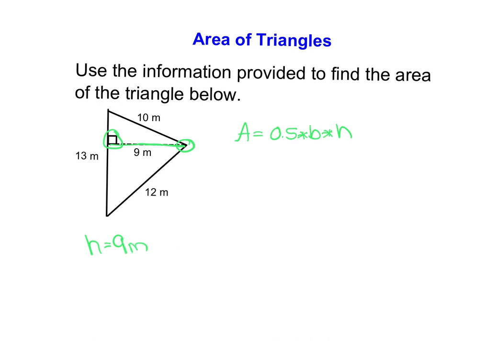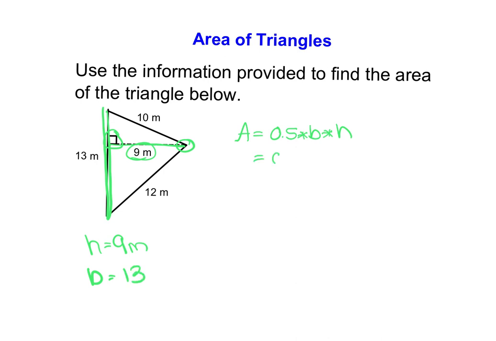Even though it's a horizontal value, our height is the 9 because it's that internal measurement. If I were to take this triangle and put it flat and twist it around, I could see 9 being that vertical value. Now, my base is the side length that forms a 90-degree angle with my height, which in this case is 13.